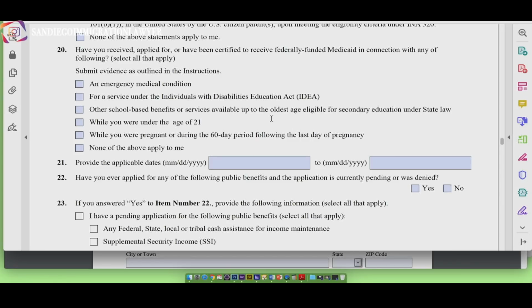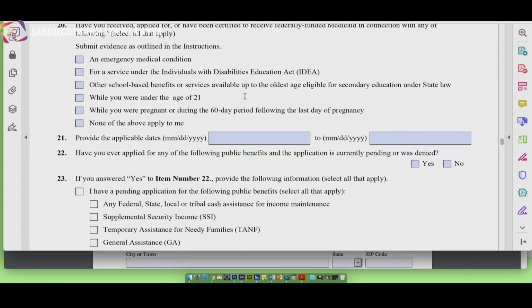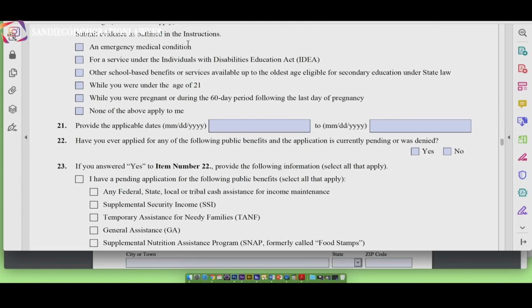So have you received, applied for, or have you been certified to receive federally funded Medicaid in connection with any of the following? And that would mean an emergency medical condition. So you are allowed to receive benefits for a medical condition. So again, these have to do with some of the exemptions.